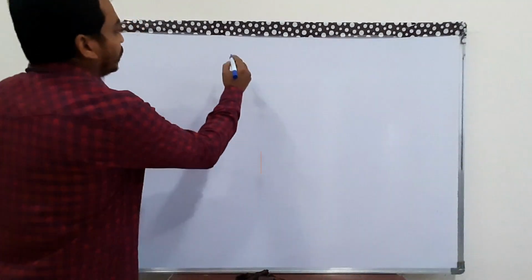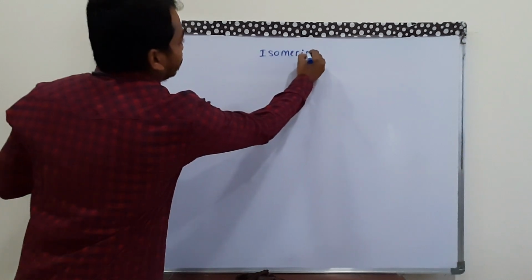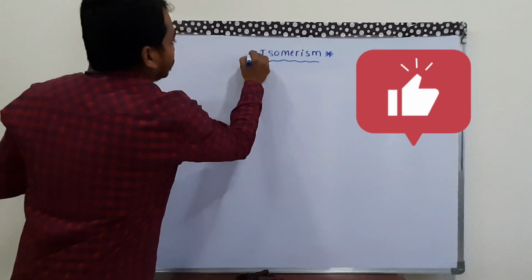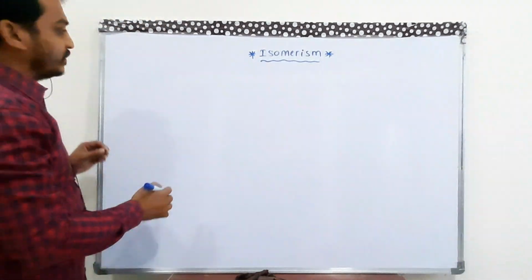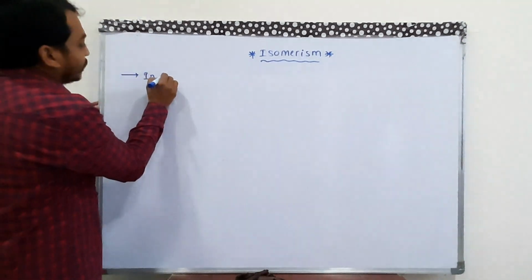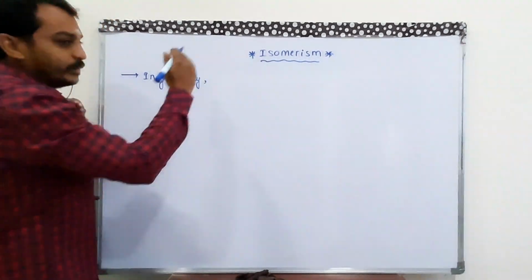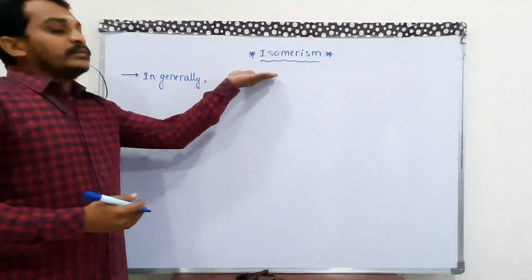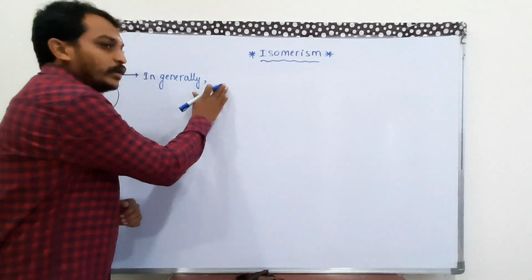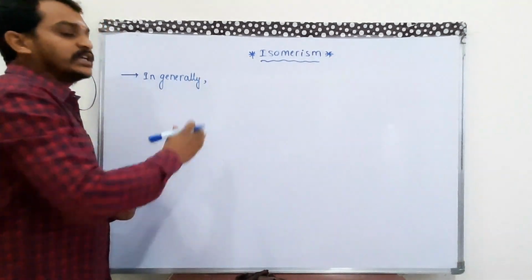The first concept is isomerism. In general, isomerism represents the same molecular formula but differing physical and chemical properties.